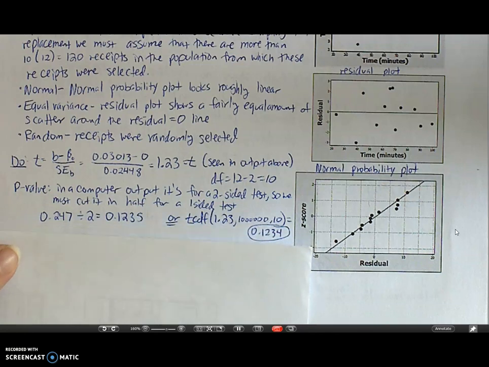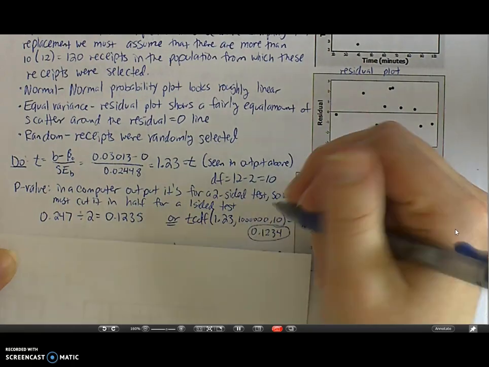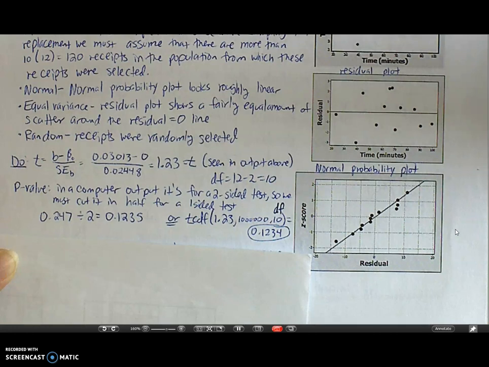Now, the computer output is always for a two-sided test. So if you're going to use the computer output, you have to divide it in half. Or you can use your tcdf. That's another great option. Make sure you have your lower value, your upper value, and then your degrees of freedom at the end. And either way, you should get about 0.12345.